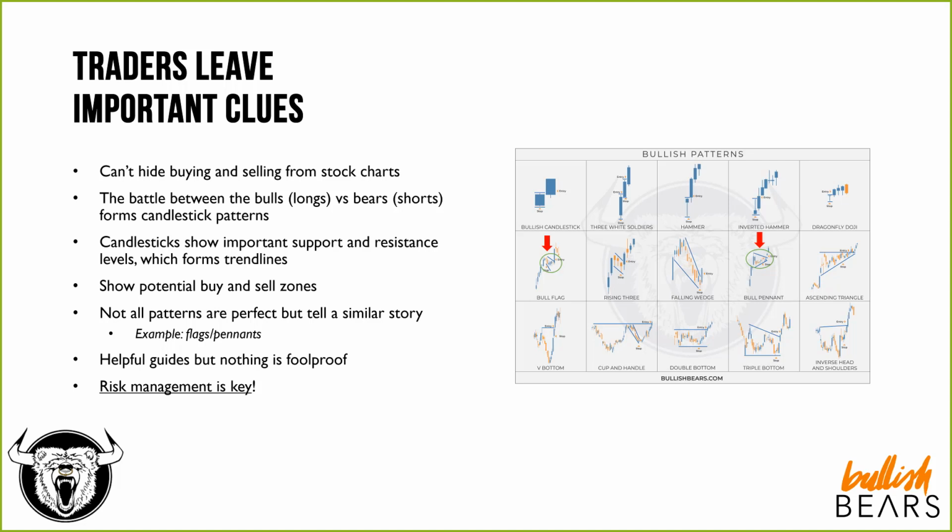Now, it's important to know that not all patterns are perfect. You'll see one pattern that might look like one thing, but it ends up being another, but they tell a similar story. For instance, bull flags and bull pennants, right? One might look more like a flag, one might look more like a pennant, but they're still telling you the same story.